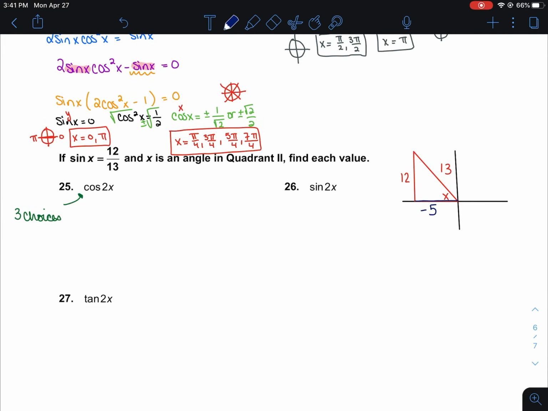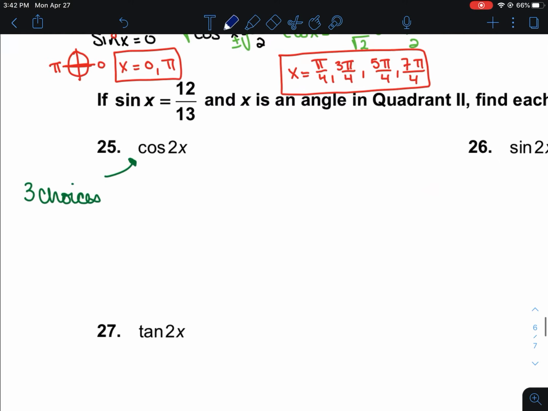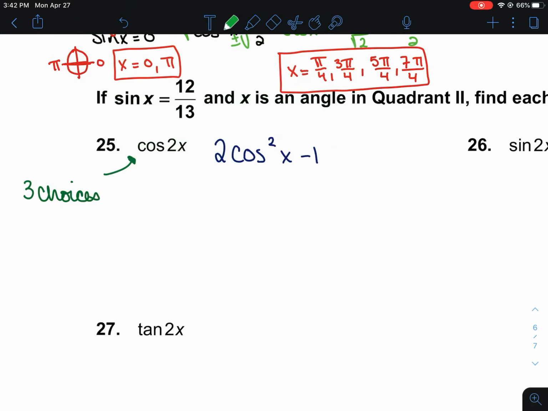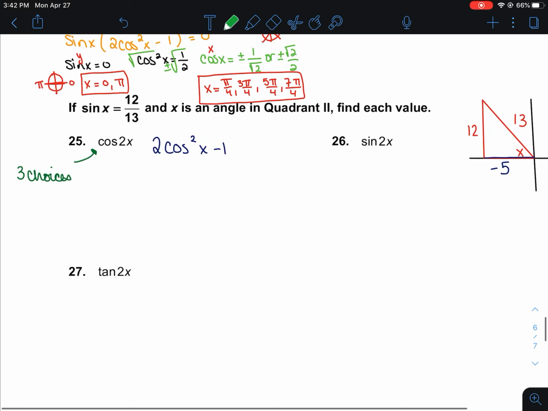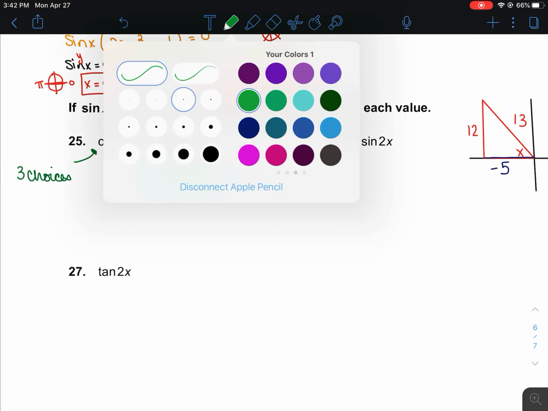Okay. For number 25, you actually have 3 different choices. If you look on your identity sheet, whichever one you choose to use is fine. I am going to use the identity 2 cosine squared x minus 1. All right, so now what is my cosine there? My cosine is negative 5 over 13.